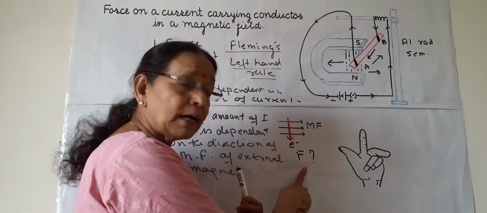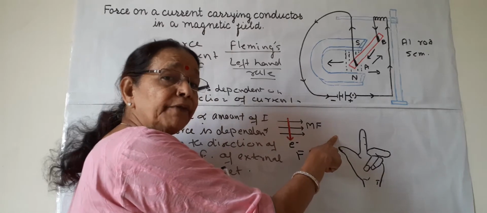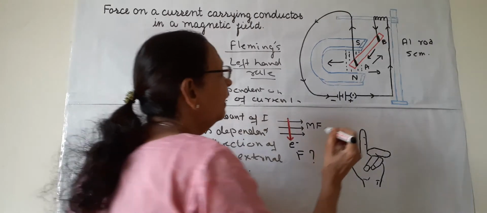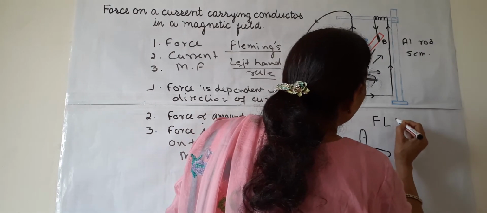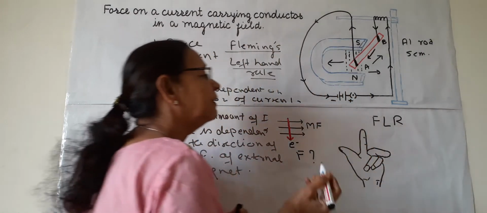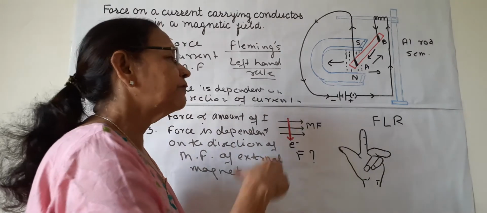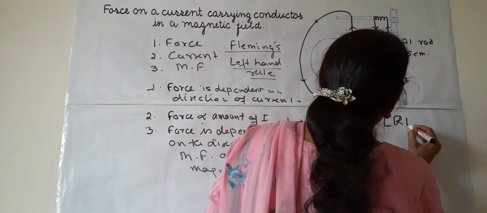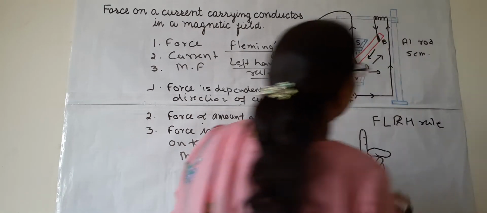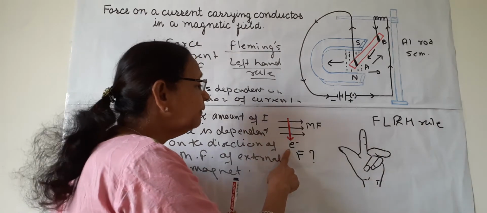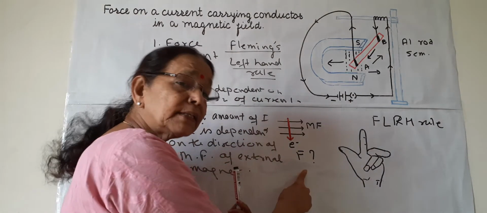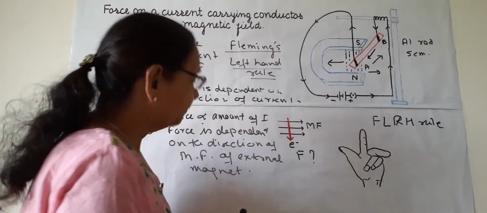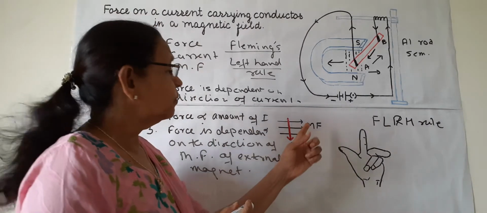If force is asked and current and field are given, we have to apply Fleming's left hand rule. There is one more, Fleming's right hand rule, which we will learn later.